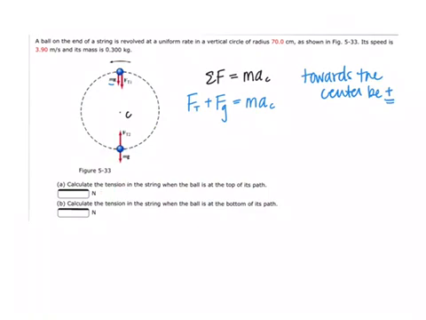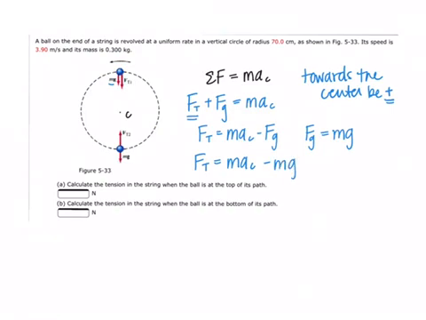So then F tension would be equal to MA sub C minus F sub G, and I know that F sub G is the gravitational force, also known as the weight, and it's equal to mg. So then F sub T will equal MA sub C minus mg.